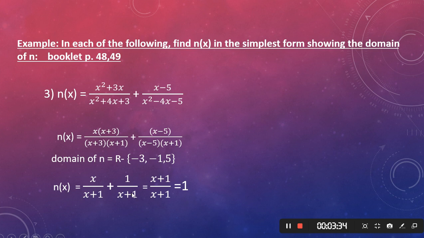So we put it as it is, then we add the numerators. If we have the same denominator, put it as it is and add or subtract the numerators. So x plus 1 as it is, and x plus 1 over x plus 1 equals 1.